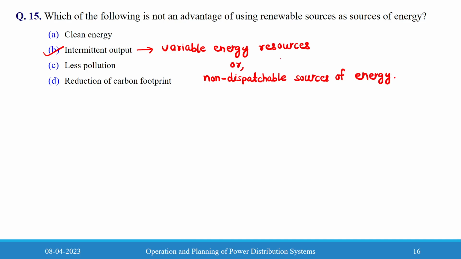The examples are wind and solar photovoltaic. For a dispatchable source of energy, we can control the power output according to the power demand.